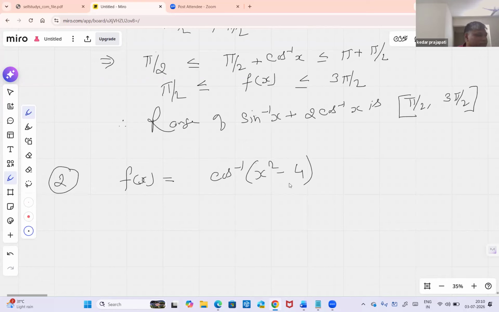And it is asking find the domain of the function. This time it is not asking the range. Now the question is again find domain of f of x.